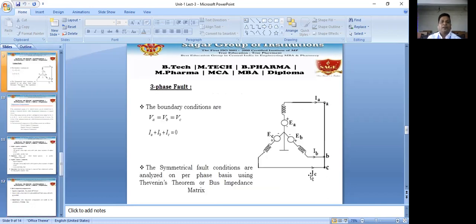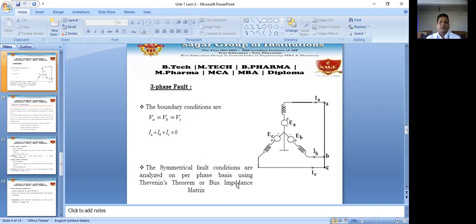Three-phase fault boundary conditions: for a symmetrical three-phase fault, VA equals VB equals VC, as we can see in the diagram. VA is the phase voltage of phase A, VB is the phase voltage of phase B, and VC is the phase voltage of line C. And IA plus IB plus IC is equal to zero.